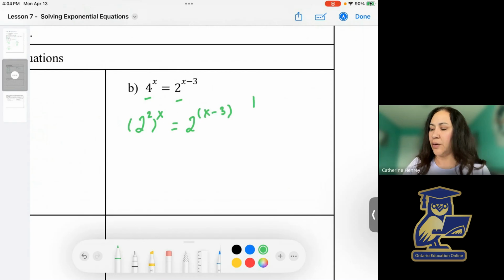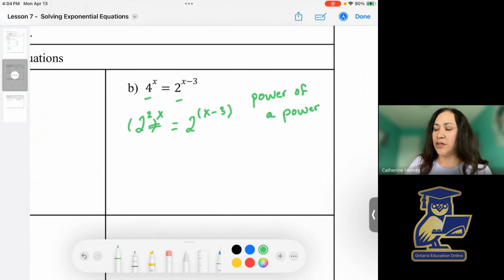Remember, power of a power, so that we simplify the exponents correctly. Power of a power says that I have to multiply these exponents. This results in 2 to the power of 2x equals 2 to the power of x minus 3.